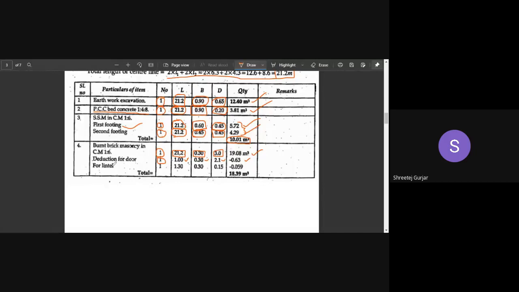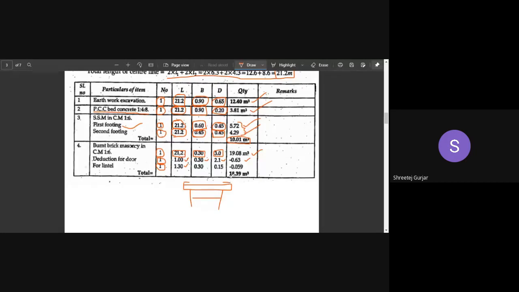And for the lintel, it is also 1 in number because the door is also only 1 in number. Then the lintel has to be provided with some amount of bearing. So taking into account the bearing, it will be 0.15 plus the opening length, that is 1 meter, then again some bearing, 0.15.